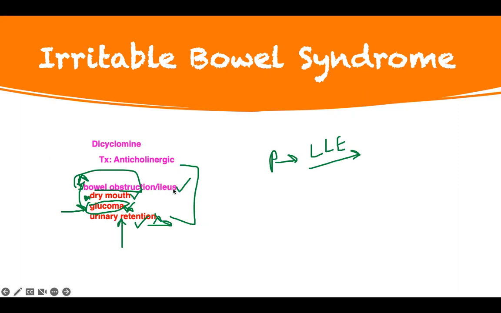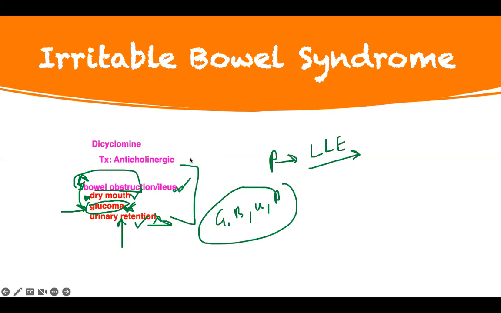Well, if he has bowel obstruction, I'm going to pick it. If he has glaucoma, I'm picking that. But if none of this is there, urinary retention, yeah. So the order of preference is, I would say, glaucoma, then bowel obstruction, then urinary retention, and then dry mouth. So it depends on the answer choice. Don't memorize it. Just think about it.